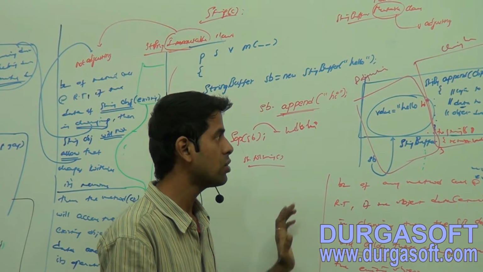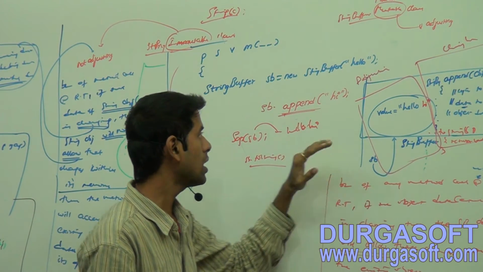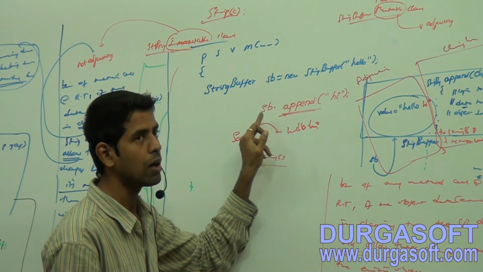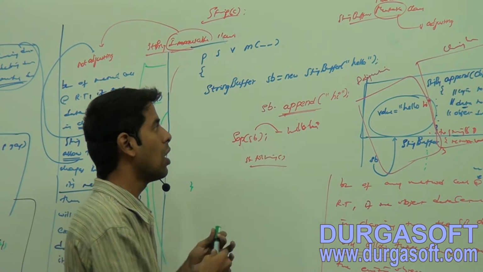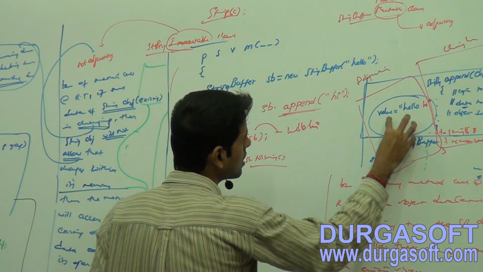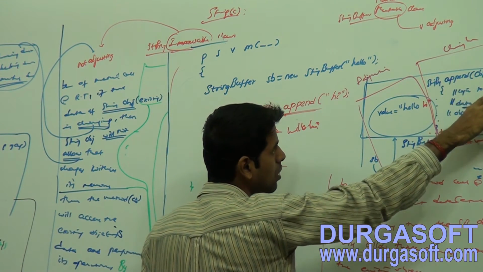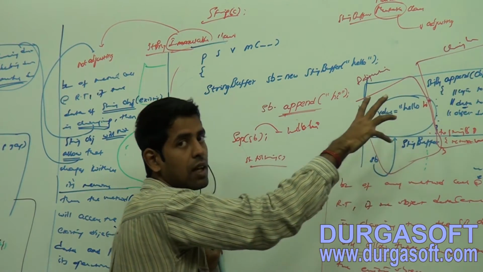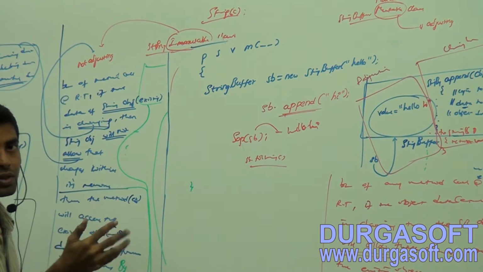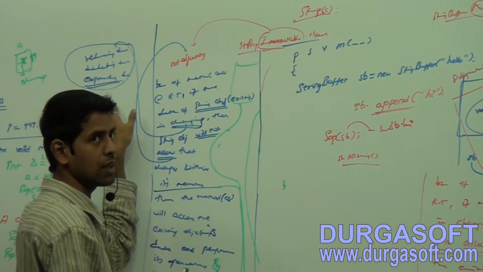Now observe this part. I am calling, because of the runtime method call, on this object. SB is this object only, right? SB dot append has the logic to change the data. Changing means it can be reducing, deleting, expanding the data.